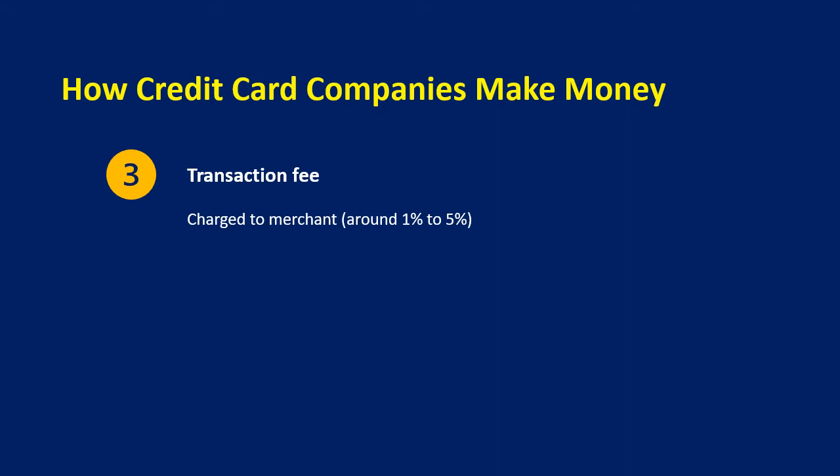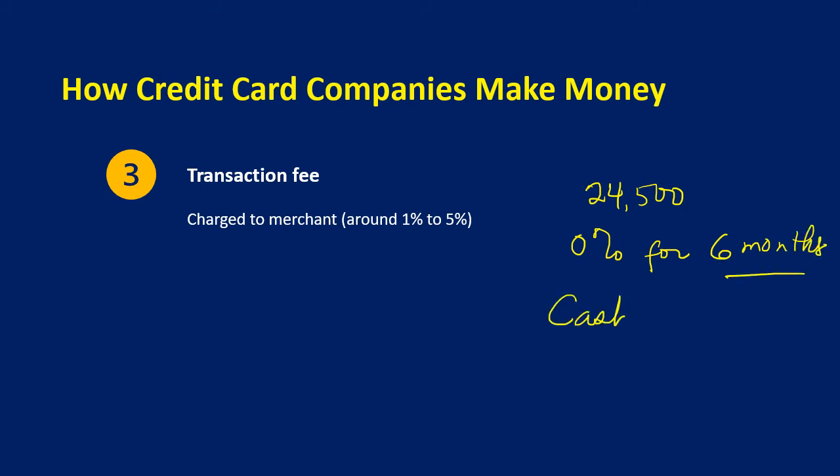So that's why you're familiar with this if you're buying appliances. For example, they will say the price is 24,500 and then 0% interest, which is good. That's a nice deal. 0% interest and payable for 6 months. But if you pay in cash, it's only 21,000.